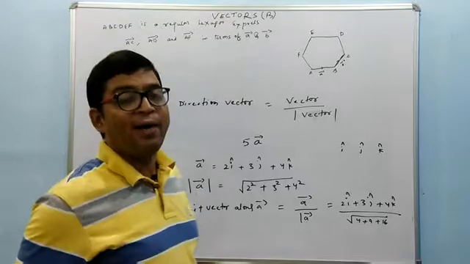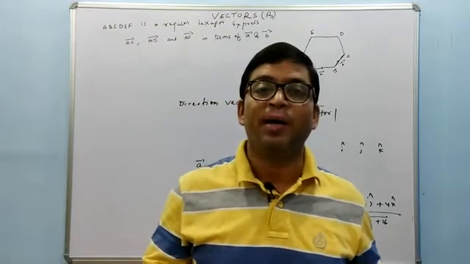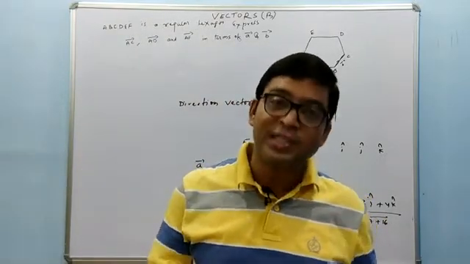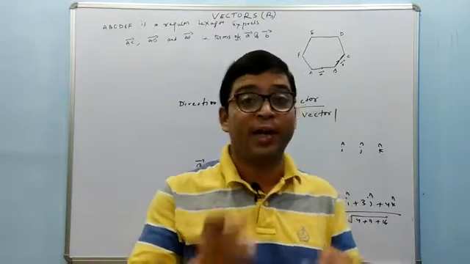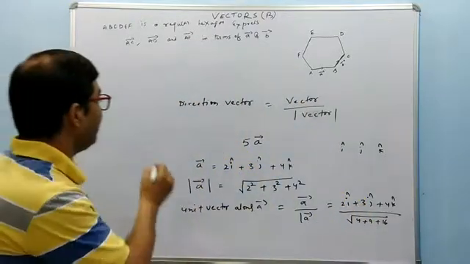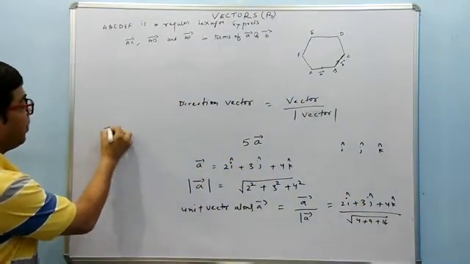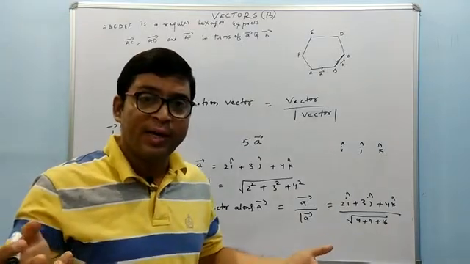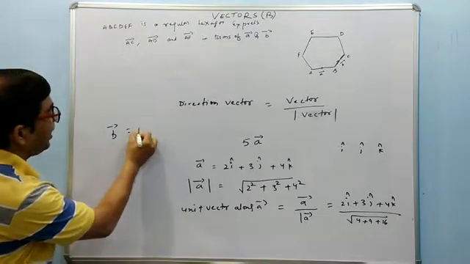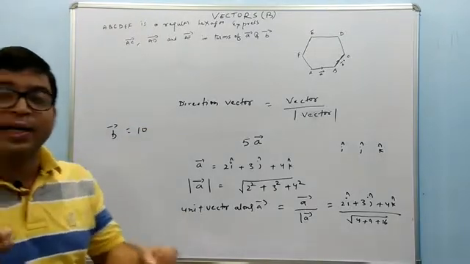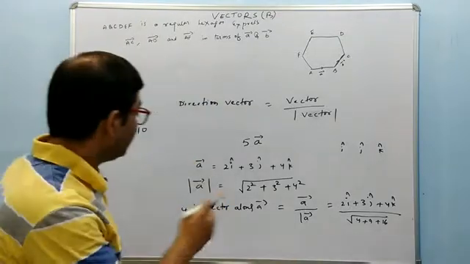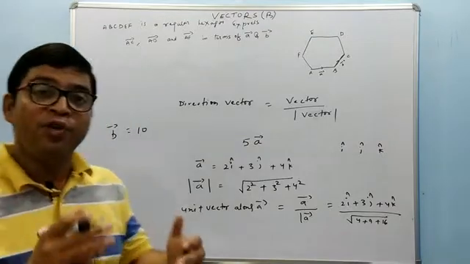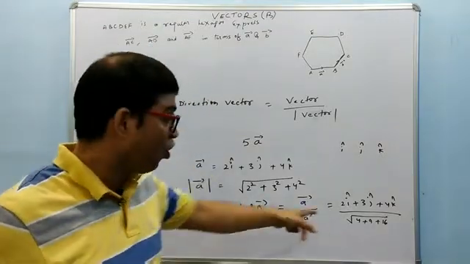Now suppose I have to find a vector which has a magnitude of 10 and which is in the direction of vector A. So if I have to find a vector B whose magnitude is something, suppose I am taking 10, so the magnitude is 10 and it is in the direction of vector A. We will pick up the unit vector along vector A that we found here.